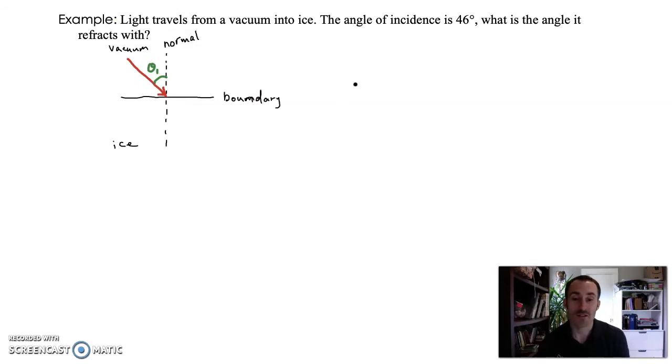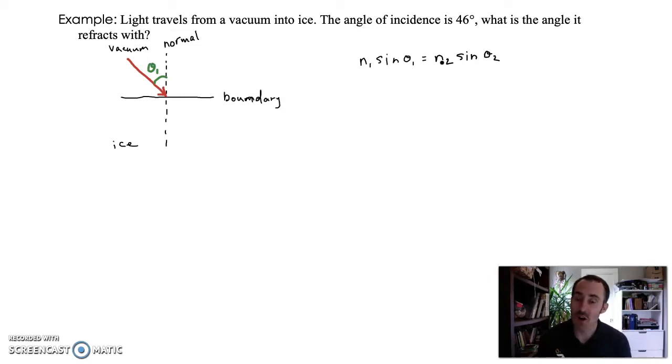Or in this case, since we're trying to relate the angles to the indices of refraction, we can use n1 sine theta 1 is equal to n2 sine theta 2. We can use that. So we are always going to know n1 and n2 as long as we're told what the materials are.